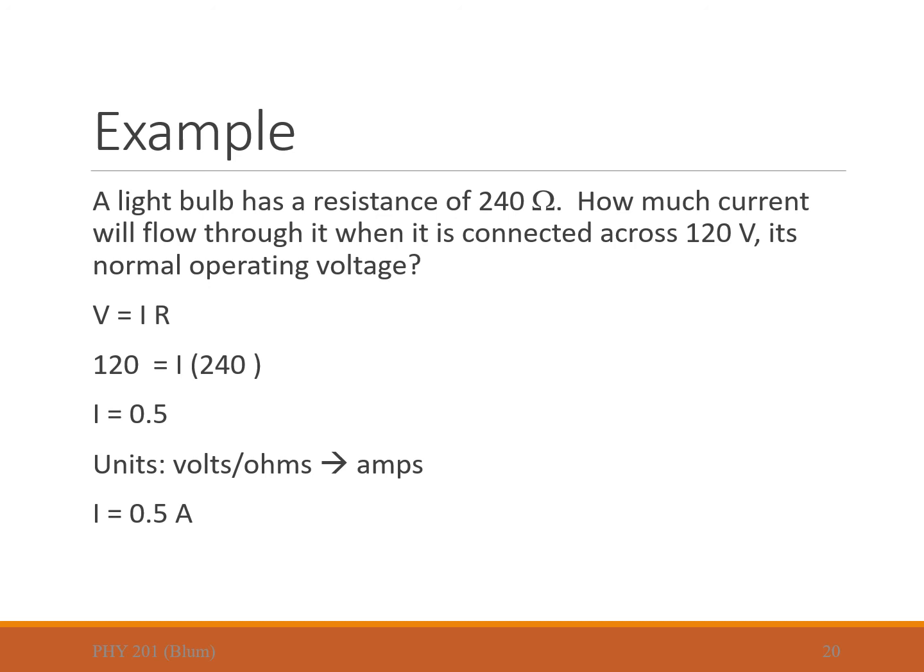Now let's look at the units. We divided 120 volts by 240 ohms, so we have volts over ohms, which are amps, and so our answer was 0.5 amp.